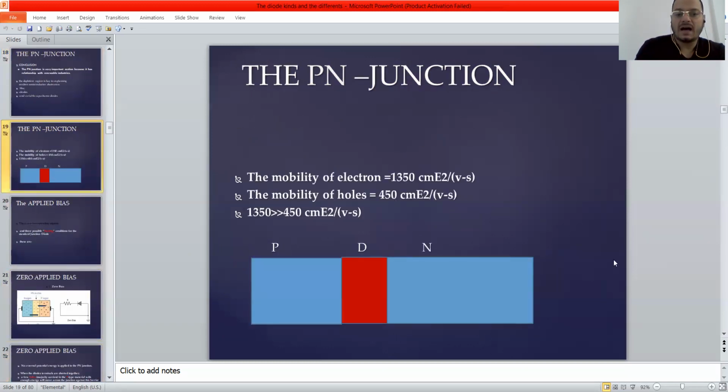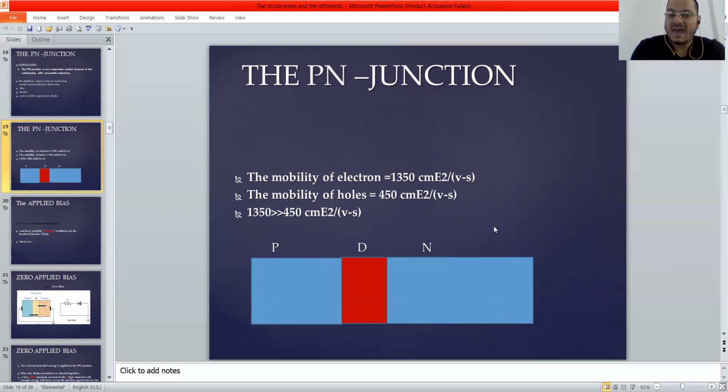Now, I created this figure by myself; I didn't take this image from any source. Depending on this equation, we know the mobility of electrons is bigger than the mobility of holes. Actually, 1350 is bigger than 450.